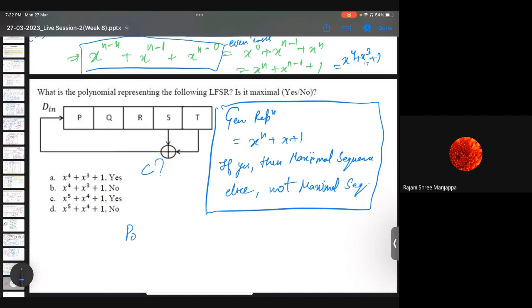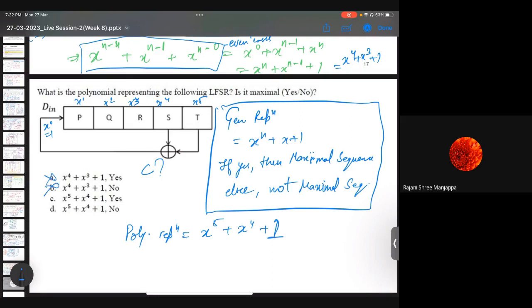Okay, so can anyone tell me the polynomial representation of this? This is x to the power 0, which is 1. This will be 1, 3, 1, 3. So it is nothing but x5 getting resolved with x4 plus 1.